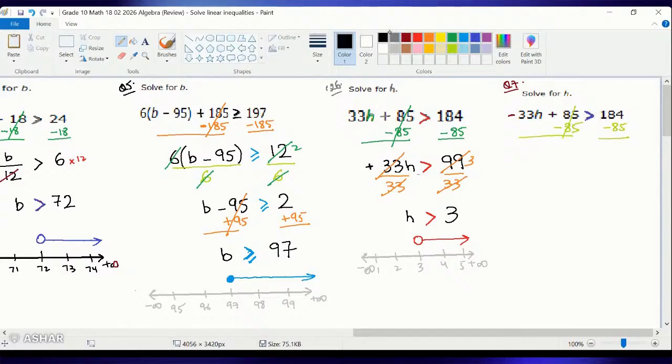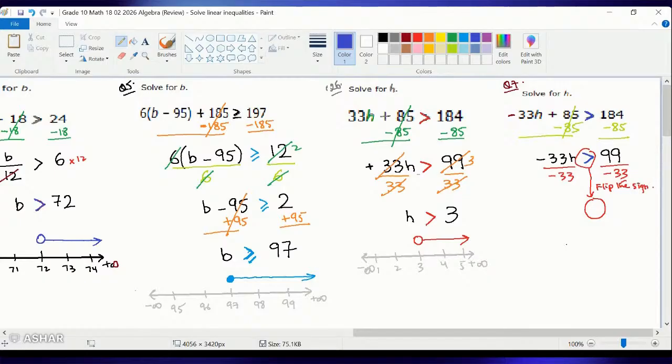So what we are left with is negative 33h is greater than 99. Whenever we divide by a negative number, if the variable has a negative coefficient, we flip the sign of the inequality.